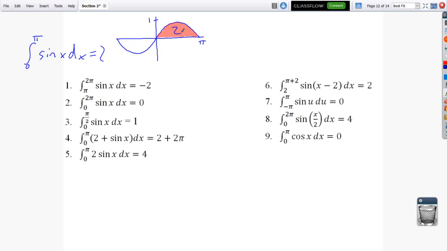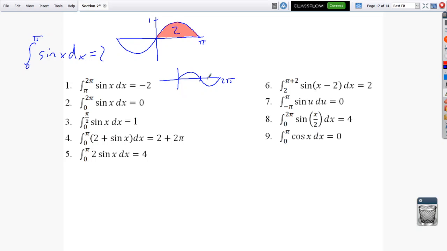And I start trying to figure some stuff out, like here, I've got the integral from pi to 2 pi of sine of x dx. Well, when I look at the graph from 0 to 2 pi, kind of looks like this, where I happen to know that this is at pi. I know that this area right here is 2, so this area over here is congruent to this little half almond shape here, so I know that this is 2 as well.